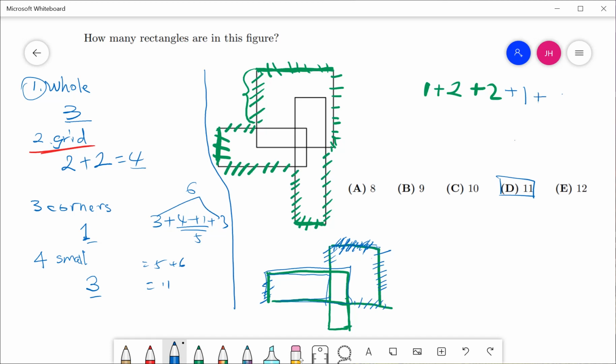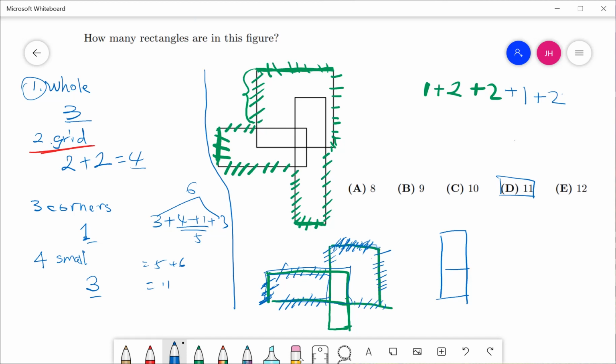So we need to plus 2. Then we can remove this line and remove these lines. So now what do we have? We only have this shape. Okay, this shape is much easier than we thought.